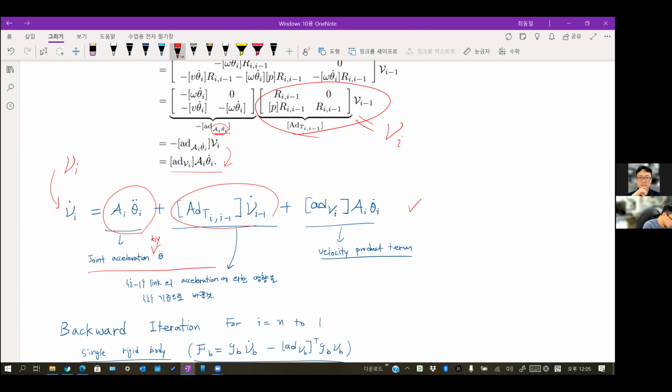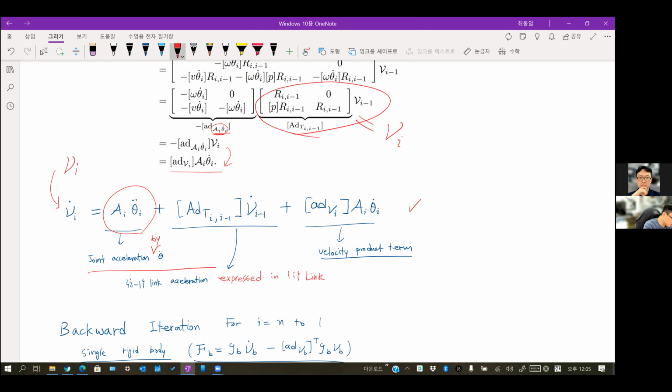And this term is the I minus 1 link acceleration expressed in the I link frame.